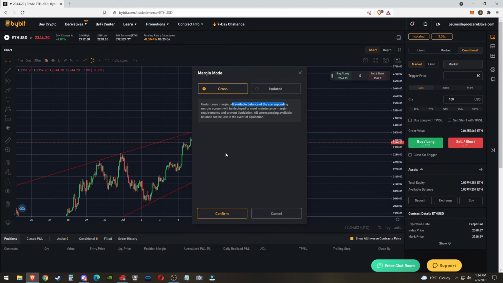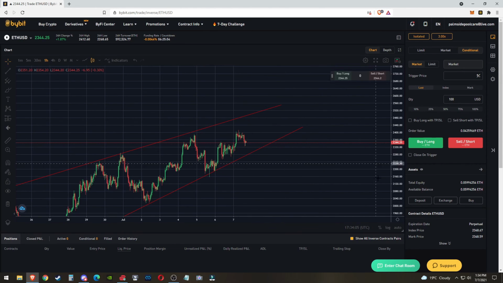So what this will do depends on where you bet. Let's say I had $100 in here. If I only bet 50 and I did isolation, my stop loss, let's say, was like $1,000. But now if I did cross, it's going to use the other 50 that I have in my account to help prevent liquidation. So instead of my liquidation being at $1,000, it would be at like $500.